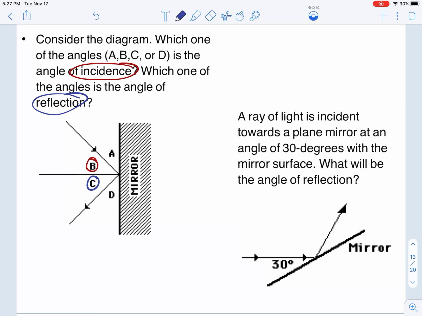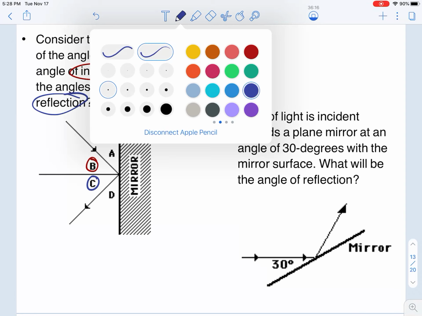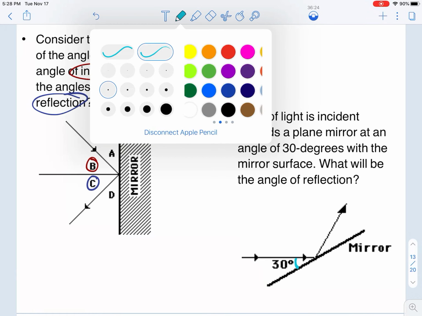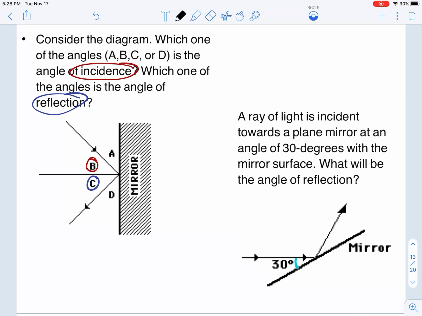Our reflected angle is going to be angle C. If we look at the illustration on the right, it is showing us, and you have to read so make sure you understand how to interpret this picture correctly. The ray of light is incident towards a plane mirror at an angle of 30 degrees with the mirror's surface. So for this problem, this is the angle that is 30 degrees.